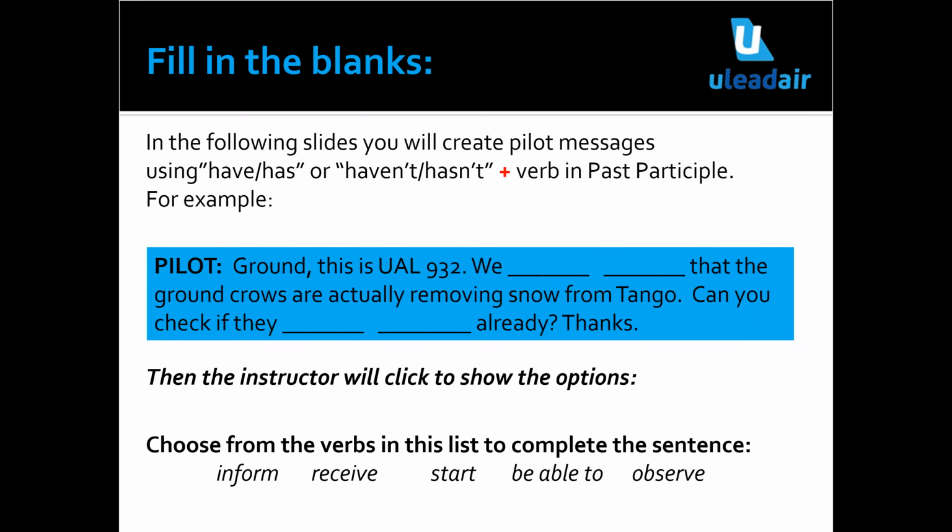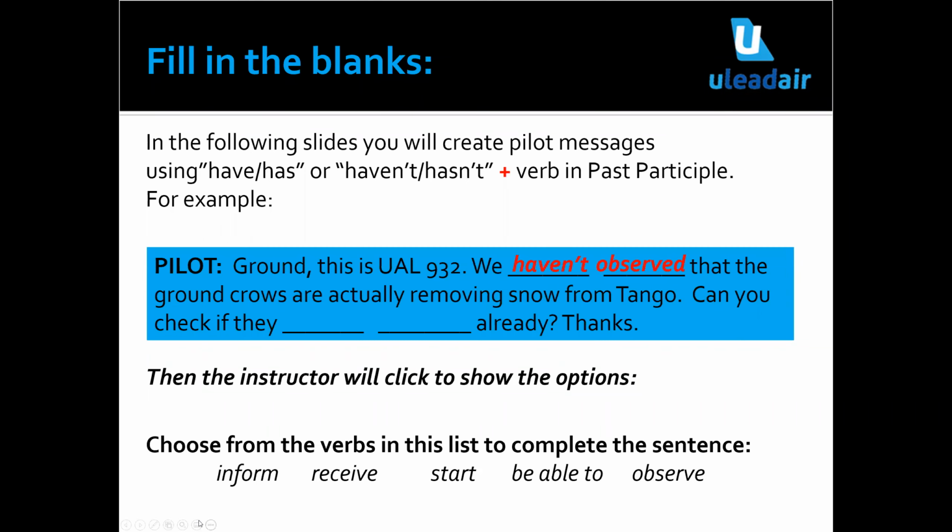So as an example: Ground, this is United 932, we blank that the ground crews are actually removing snow from Tango. Can you check if they blank already? Thanks. And then you would use the verbs to fill in. We haven't observed.